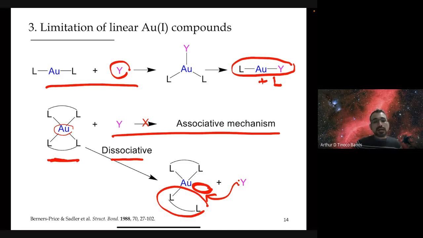So you're still enabling ligand exchange. What you're doing is trying to decrease the rapid exchange that would potentially decrease the activity of the gold itself.